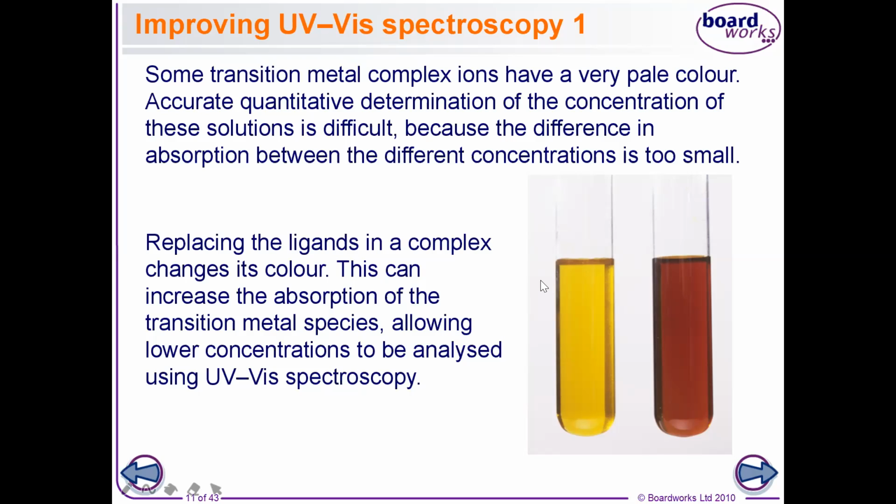So you can use the tetrachloride to combine with your copper, to form another ligand or complex that can give you a strong color, so that there will be a higher absorption of the transition metal species. If you have a darker color, then of course it can give you higher absorption.